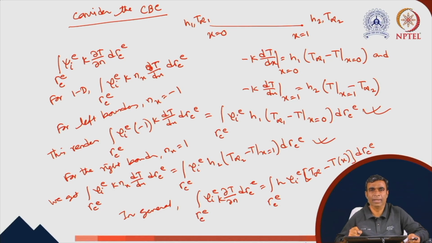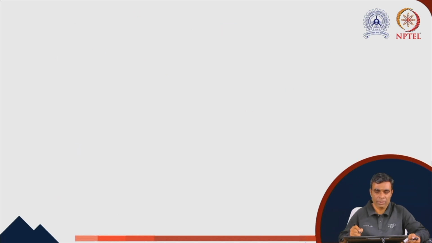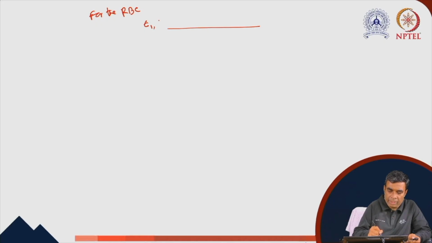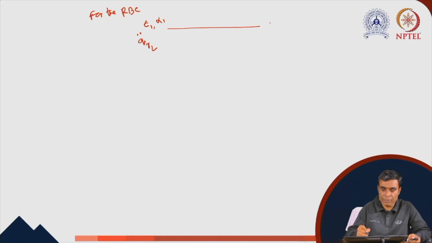The final case is the case of radiative boundary condition. This also we can show in one dimension. So here, for the RBC in one dimension, let us consider the emissivity epsilon 1 at the left boundary. The absorptivity at the left boundary is alpha 1 and the heat received is Q_R double dot at the left boundary. The same quantities at the right boundary are epsilon 2, alpha 2, Q_R right double dot.